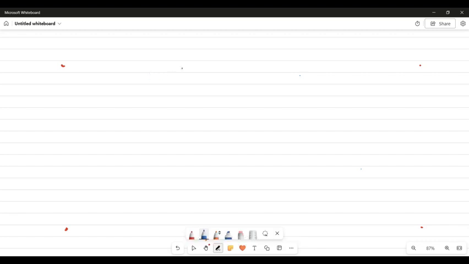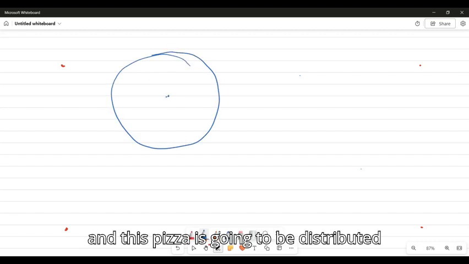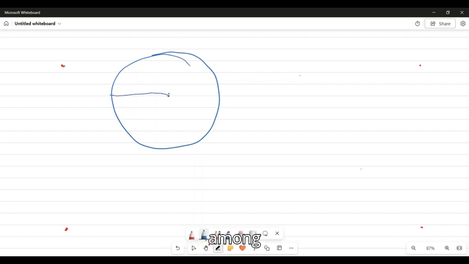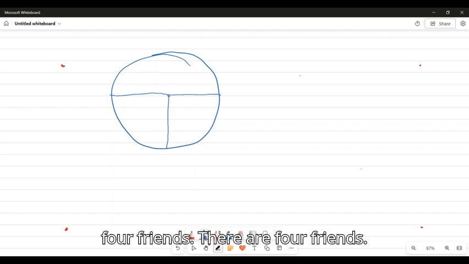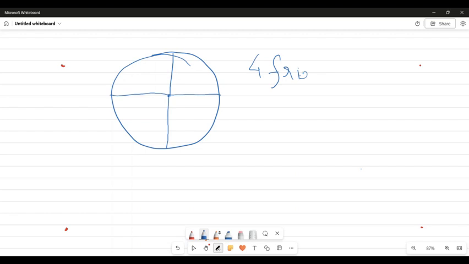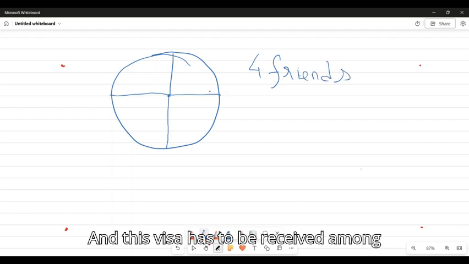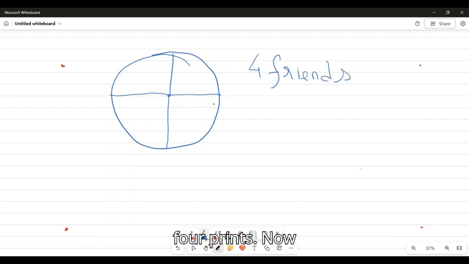We have a pizza, and this pizza has to be distributed among four friends.